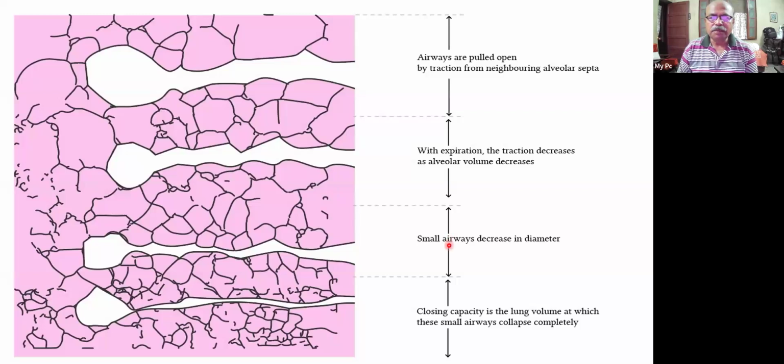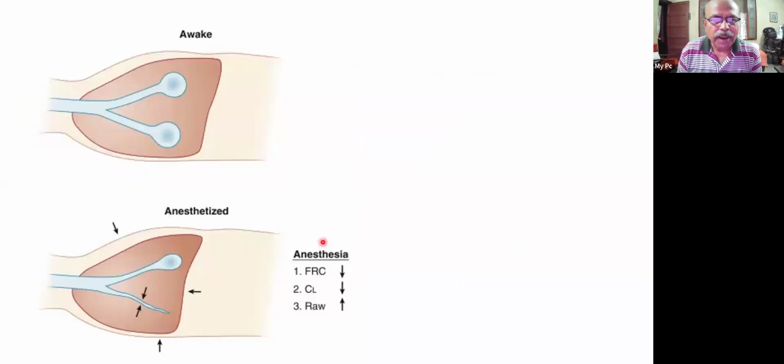Further into the expiratory phase, the smaller airways decrease in diameter, and in the last phase, the closing capacity is the lung volume at which the airways have completely closed. And what happens after that? The gas which is trapped in the alveoli gets absorbed, and therefore we get a collapse of the lung. So in an awake patient, you can see the alveoli of both the upper region and the lower region are inflated.